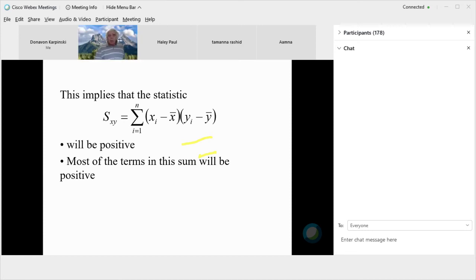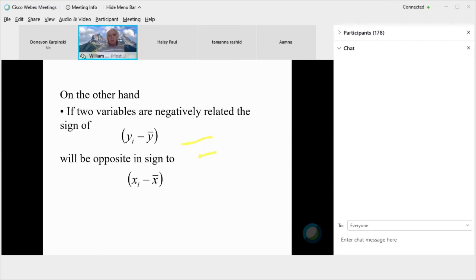So in a positive relationship, the two terms usually agree in sign. They're both positive or both negative, sometimes not. Most of the terms in that sum will be positive. On the other hand, if the two variables are negatively related, the sign of yi minus y bar will be opposite to the sign of xi minus x bar.